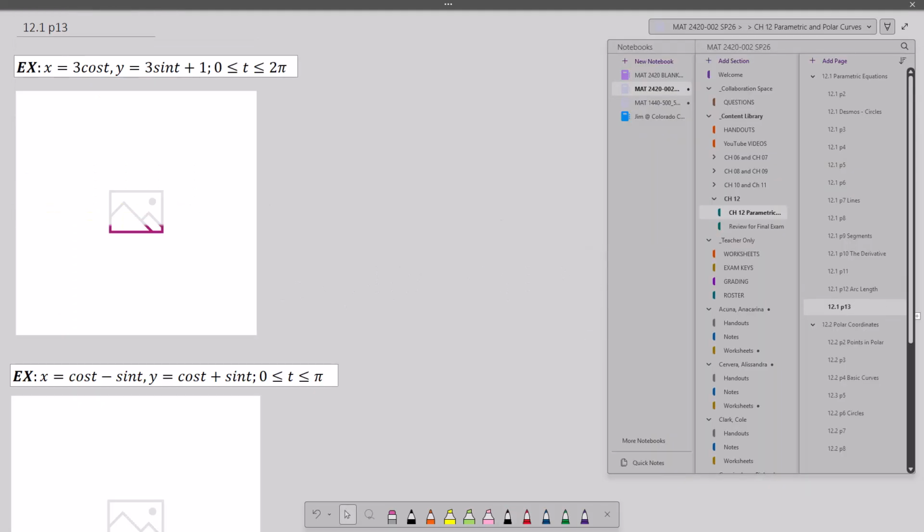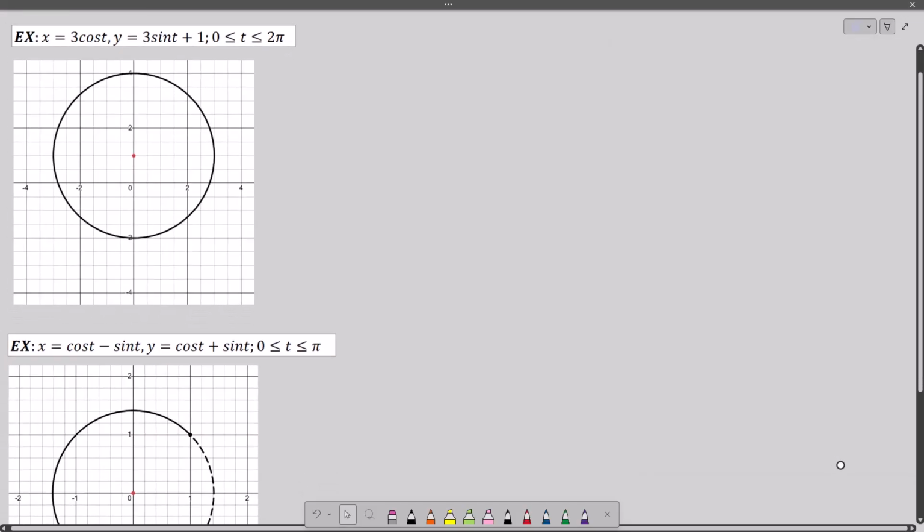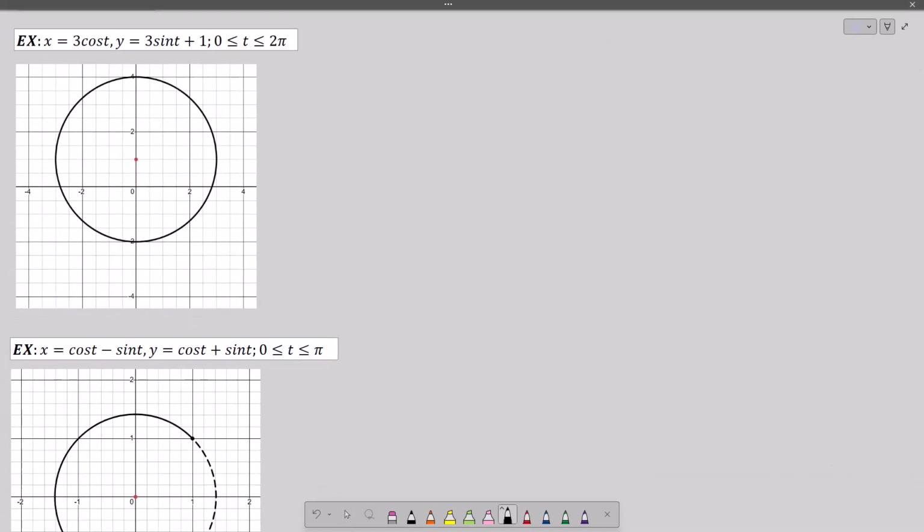Let's try another one of those arc lengths. So sometimes it's helpful to write these parametric curves kind of in system notation. So I'm going to rewrite this in system notation.